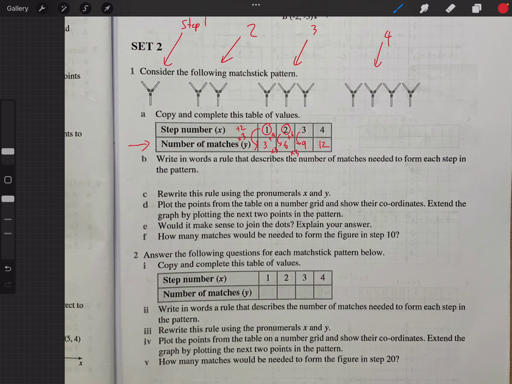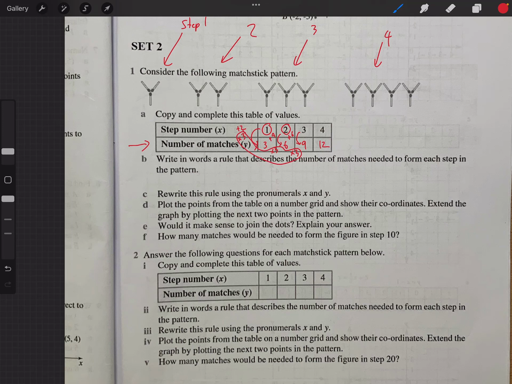So the adding is not going to work because it's always changing, but if you multiply, you can see that all we got to do is multiply by 3 and get the second number. So from the first number, we just multiply it by 3 and we get the second number there. Alright, so it wants us to write in words this kind of relationship.